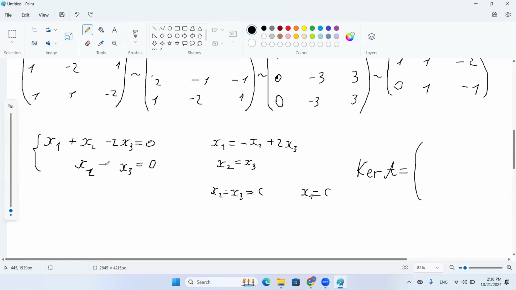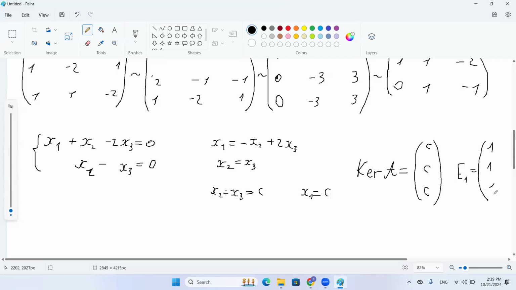So 0, so x2 equals x3. C, C, and here is C as well. So it's a kernel. And actually, the basis of the kernel is the fundamental solution system.